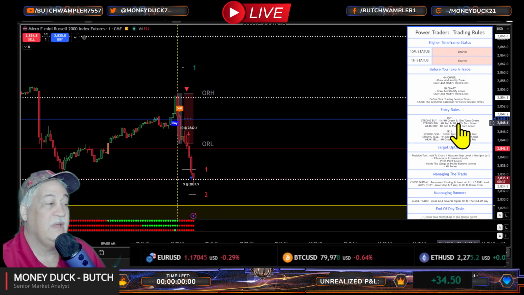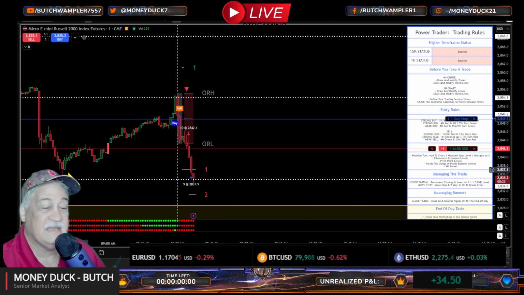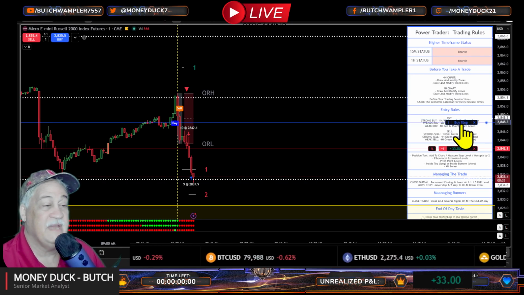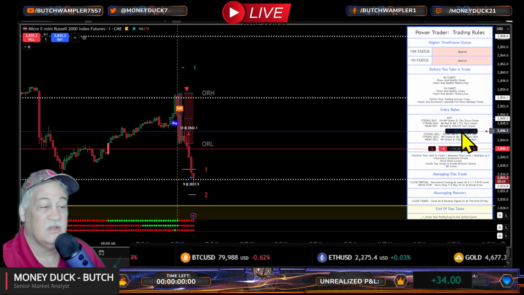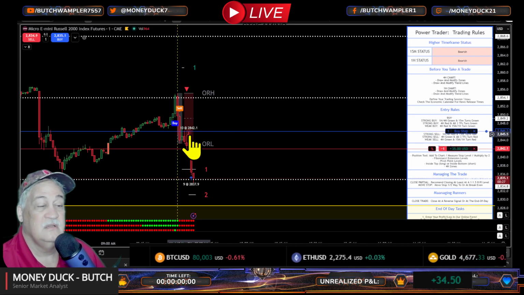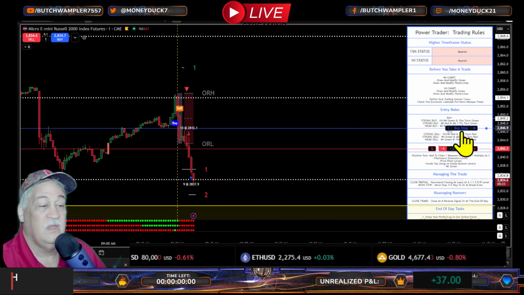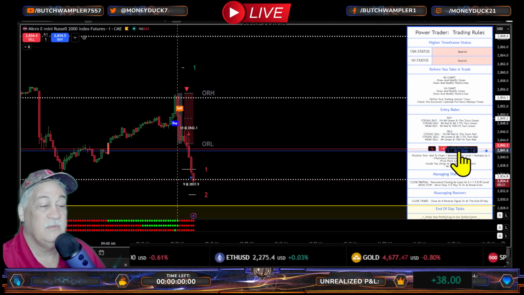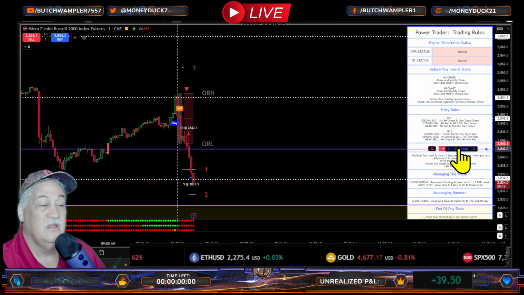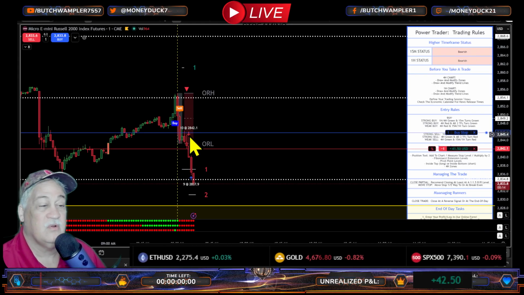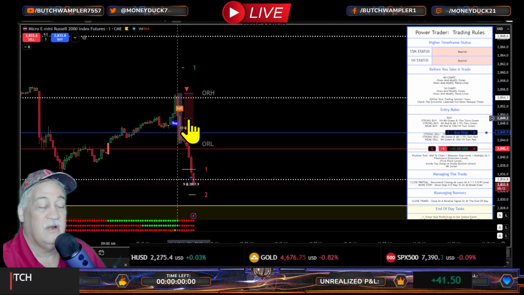The other is, since it has moved past this area, we can move our stop down to a midway point, the quarter stop area. So you either leave it where it is, you move it to break even, which would be right in here, or you move it to quarter stop. This would be our half.